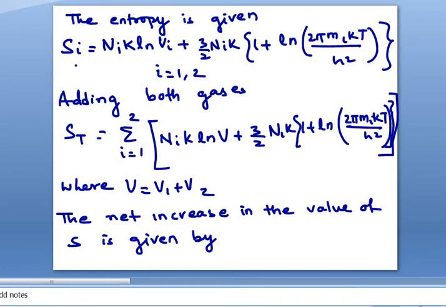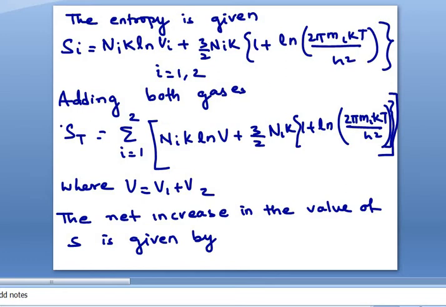Entropy in general is given as S_i, where i can be 1 or 2, S1 for the first case and S2 for the second case: N_i k ln V_i plus 3/2 N_i k times 1 plus ln 2 pi m_i kT by h square.